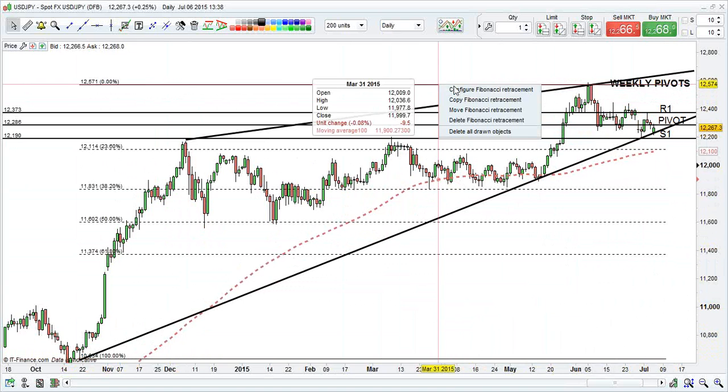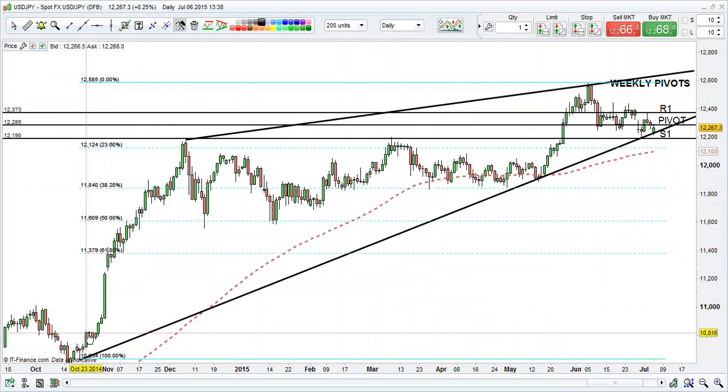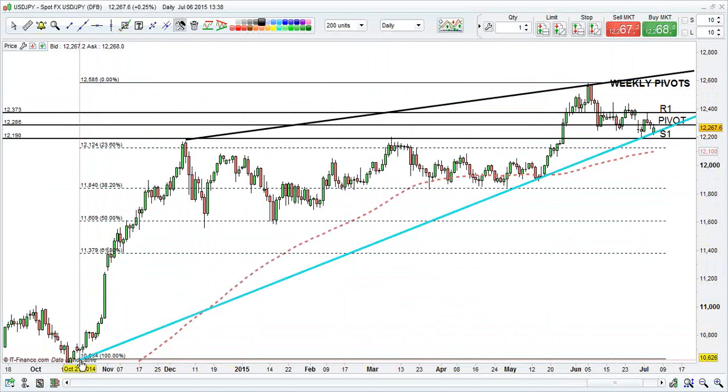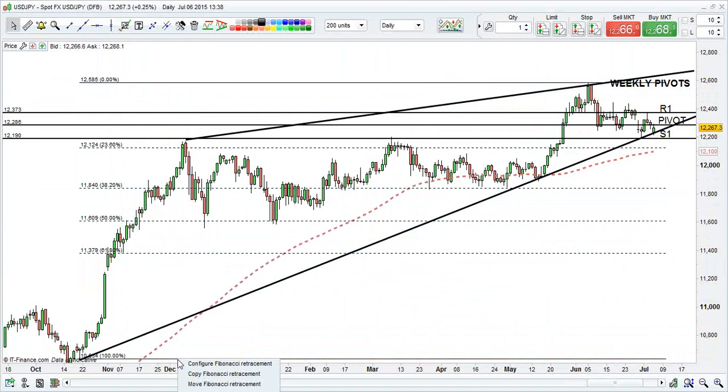So you can configure that to 12,585.00 and close, and your bottom candle there is 10,625. So we can just change that there.